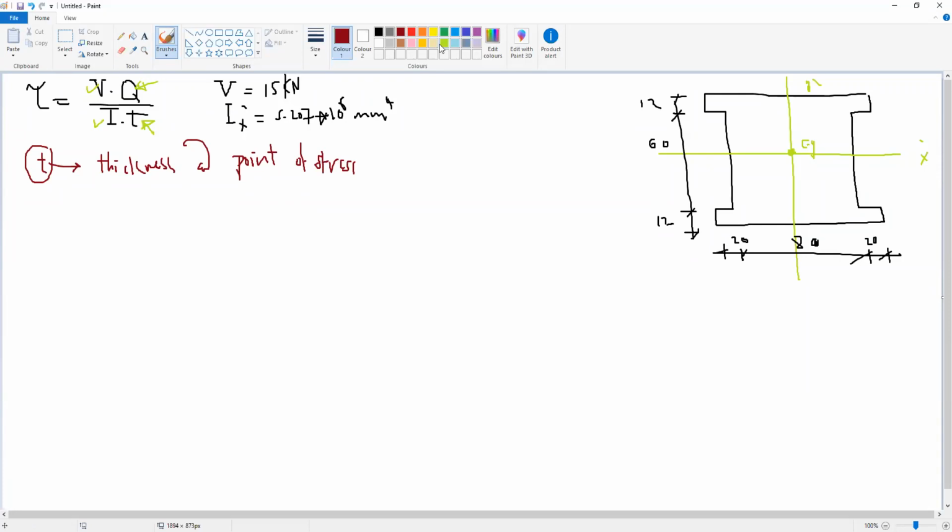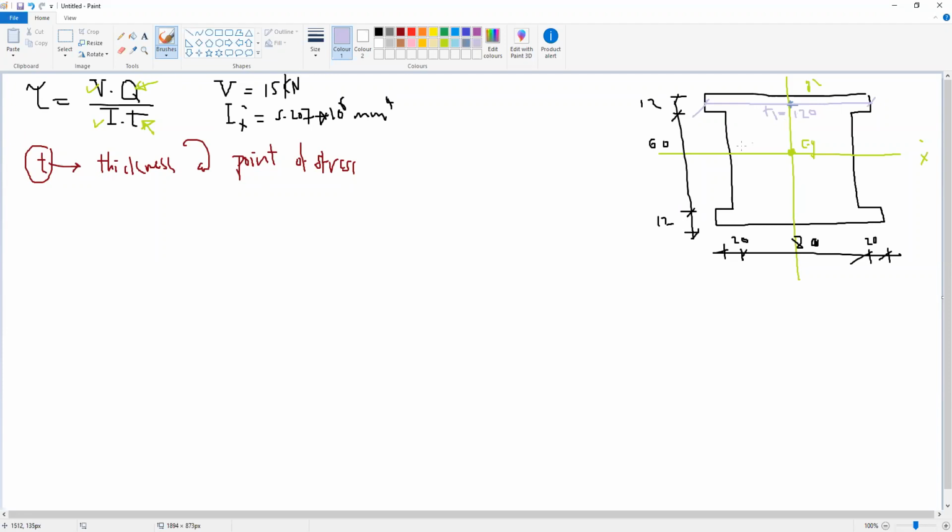If this is our point of stress, what is the width at this point? The width T is the width of the section. So this is T1.